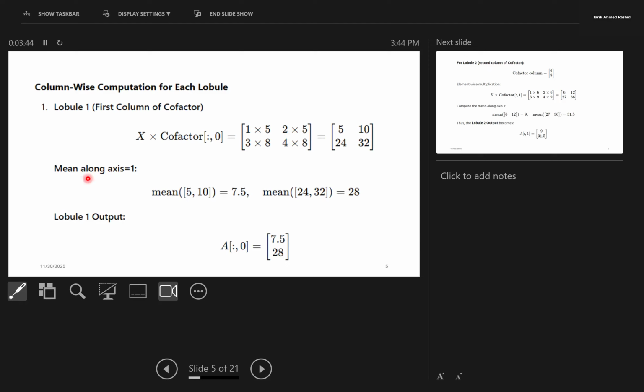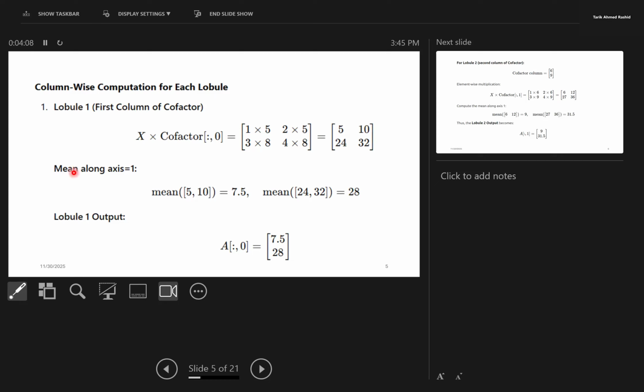Then the mean along axis 1 will be the mean of 5 and 10, which is 7.5, and the mean of 24 and 32, which is 28.